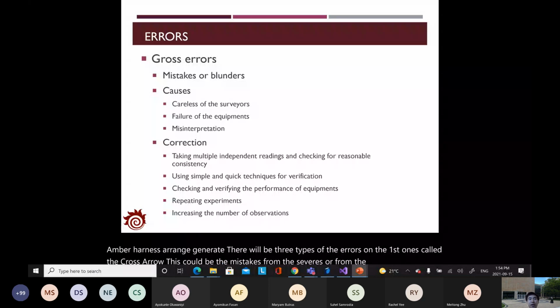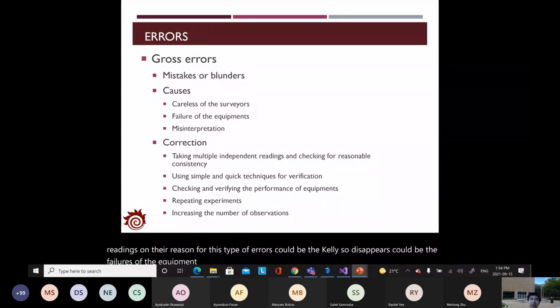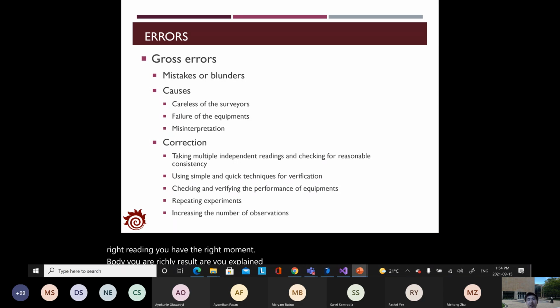The reason for this type of error could be the carelessness of the surveyors, failures of the equipment, or misinterpretation of the readings. Sometimes you have the right reading, you have the right measurement, but you interpret the reading with maybe the wrong units, and with that one you will have some errors.